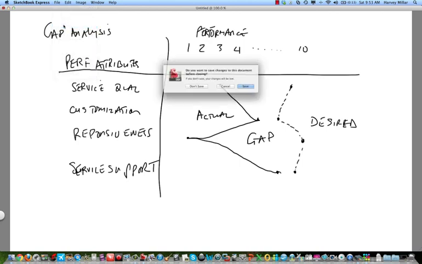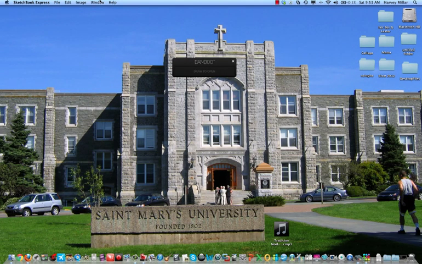I'm going to save this, and it's the new one. Flowcharts. So flowcharts, if we could sort of map a process, let's see.